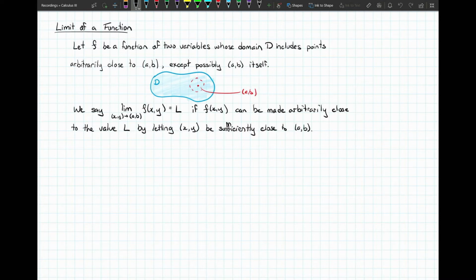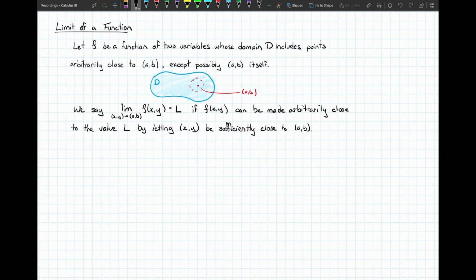Well, with that in mind, we say that the limit of the function f(x, y) as (x, y) approaches (a, b) is equal to L. We say that to mean that f(x, y) can be made arbitrarily close to whatever that value L is, simply by letting x and y be sufficiently close to the point (a, b).